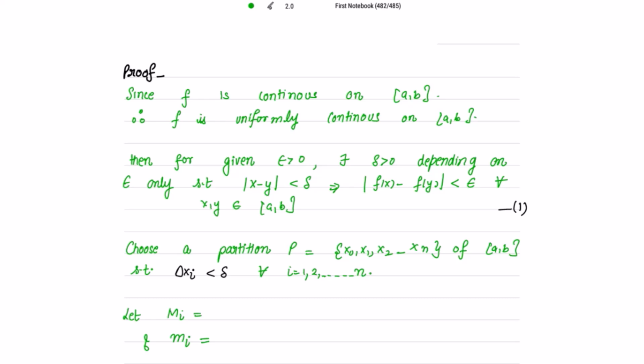Just mark this as 1. This is just the definition of a uniformly continuous function.